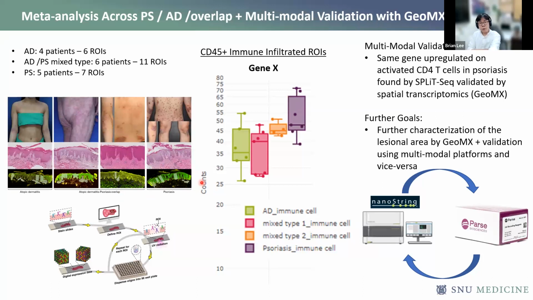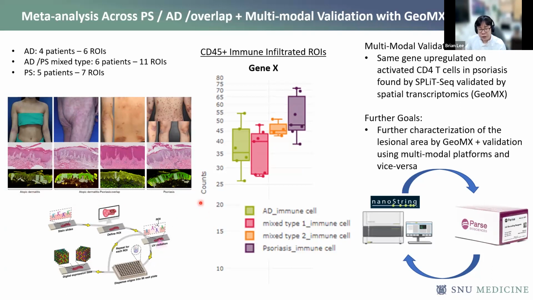And so what we did is we took skin biopsies from atopic dermatitis patients. We took skin biopsies from these AD and psoriasis overlapped skin patients, and also skin biopsies from these psoriasis patients. And then we performed GeoMx on each of these skin biopsy sections.